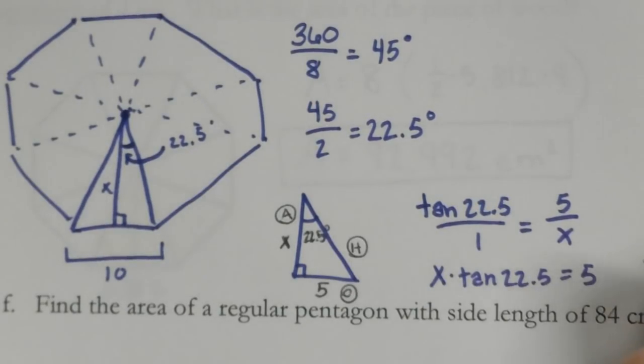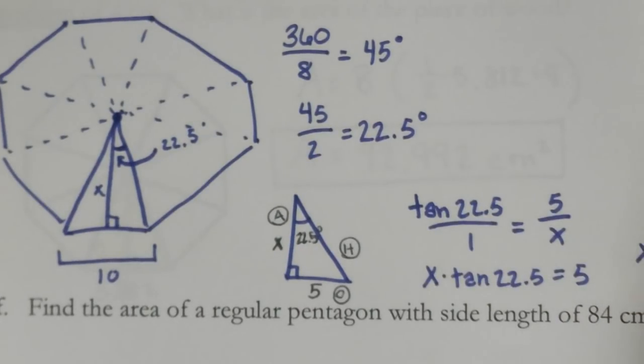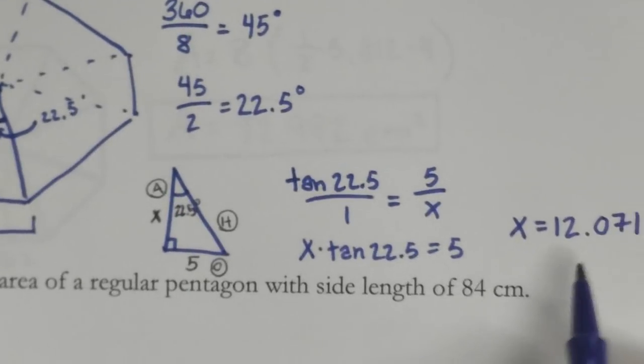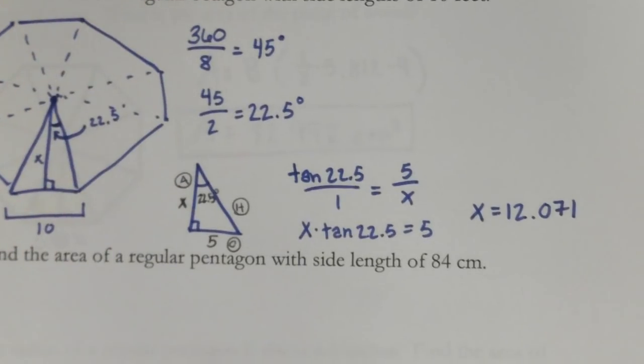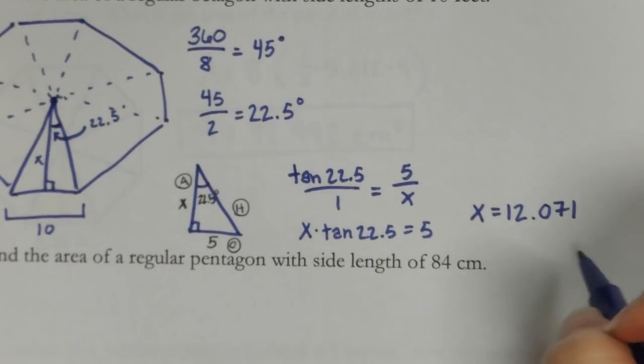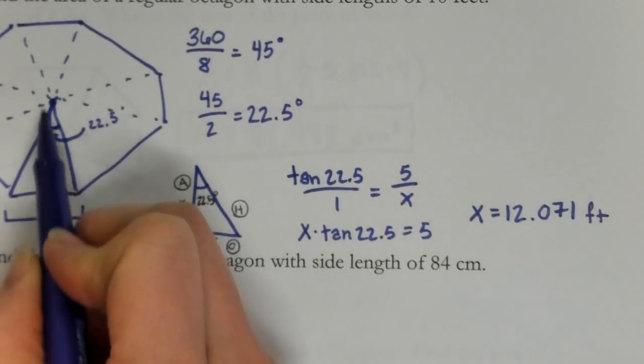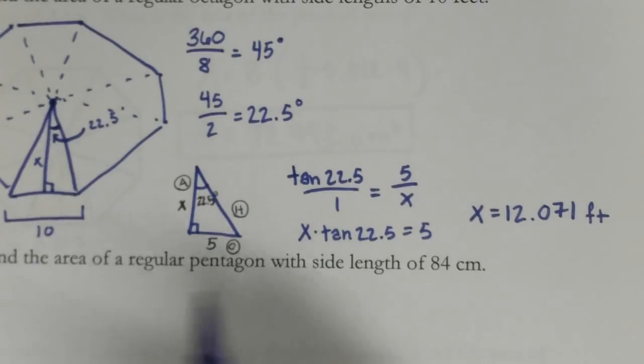Divide, so x is going to be 5 divided by tangent 22.5. I get 12.071. If you do not get that, that means that your calculator is not in the right mode, and you need to make sure you ask your teacher about that. So that is going to be the height of your triangle.